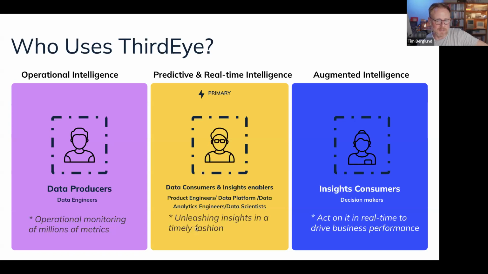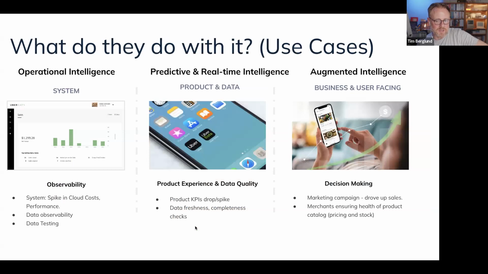Next slide. What do they do? I elaborated on this a little bit, but the operational intelligence folks are looking at the performance of systems. So, cloud costs, that's not a particularly real-time thing, but that's an anomaly that's interesting. There could be a lot of data and it's easy for things to be missed.